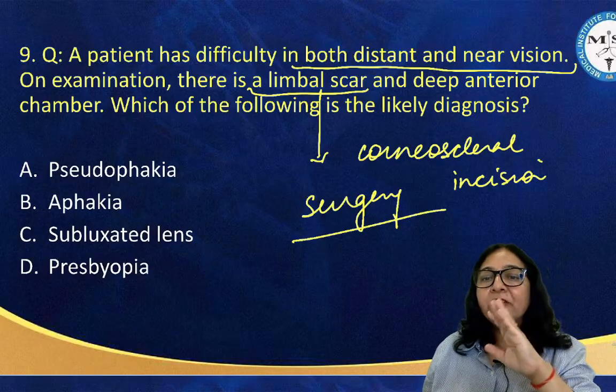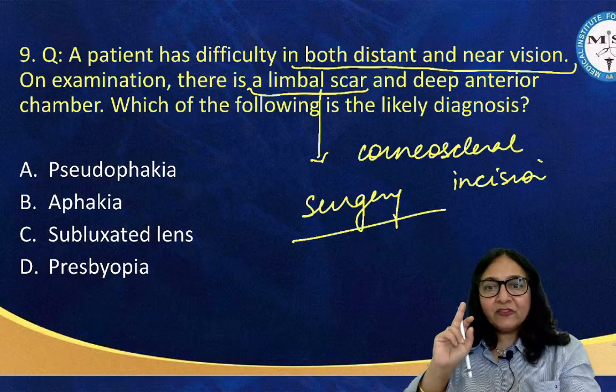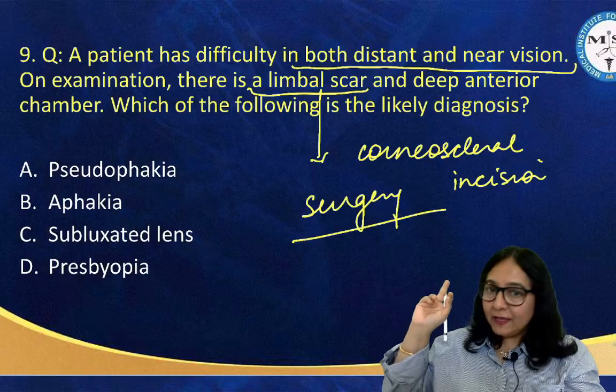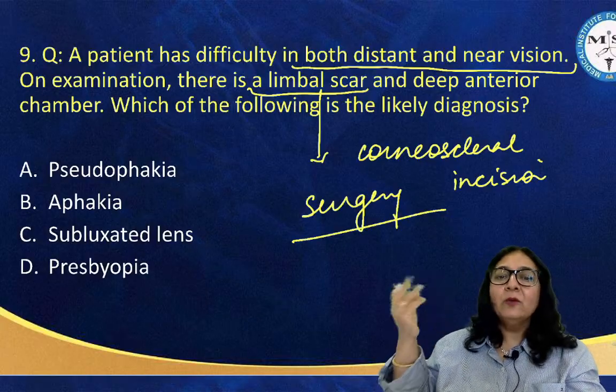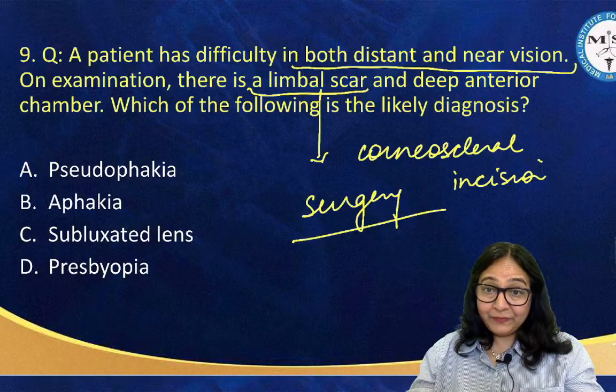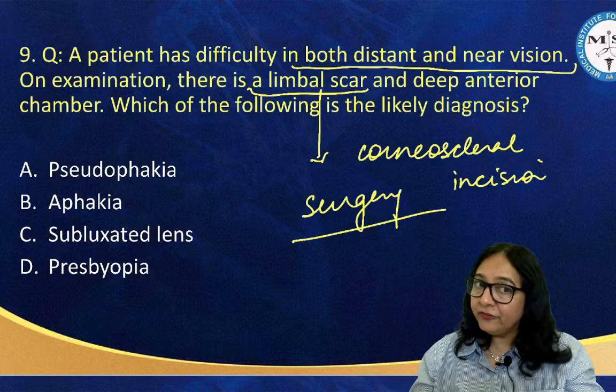It means the patient has no lens in the eye beta. I would agree this was a little tricky question where examiner wanted, but this would have been correct for all of you who had a good concept that if there is no lens in the eye, the patient will have both distant and near vision problem.